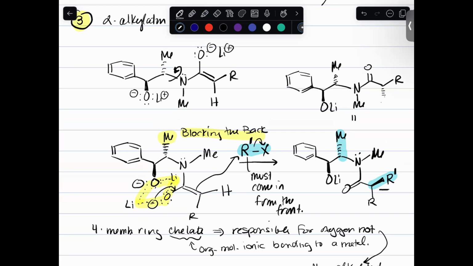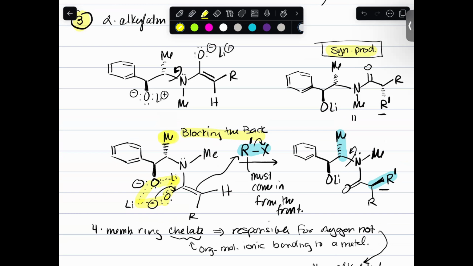And if I redraw it and I rotate things around again, my R prime group is now dashed. And this is known as the syn product. So this is where things start getting pretty tedious trying to understand the stereochemistry, because it makes sense, right?